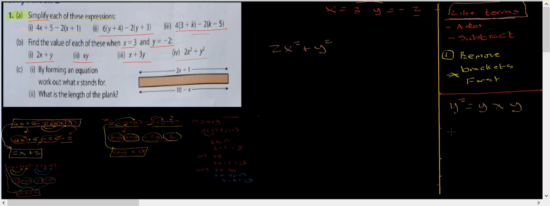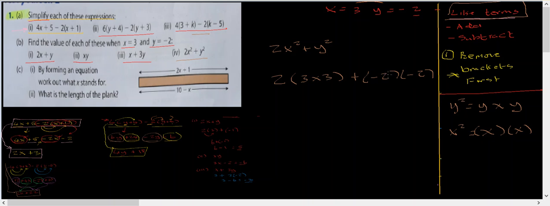If we take x squared, that means x multiplied by x. So the first thing we want to do is 2 times your value for x, which is 3. So it's 3 multiplied by 3 plus y multiplied by y. So it's going to be plus minus 2 multiplied by minus 2. And you can just write them in brackets like that.